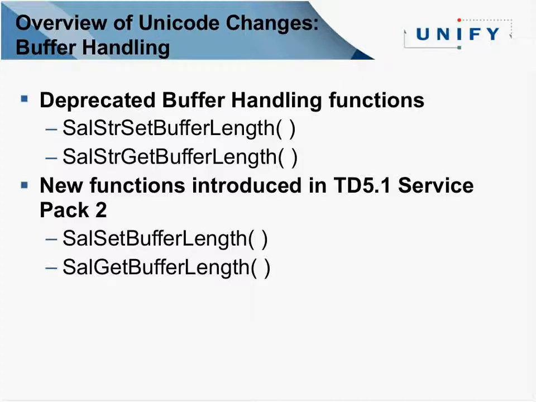Developers asked us to change it back to the way it worked before the TD 5.1 version, so we introduced those two new functions which behave exactly the same as before. So the only change you need to do is change the function name, nothing else. The buffer length that you set and the buffer length that you get are exactly the same values as in previous TD versions. So to avoid that confusion, from TD 5.1 Service Pack 2 on, we introduced those two new functions. You can just replace the old names by the new ones, and you're good to go.